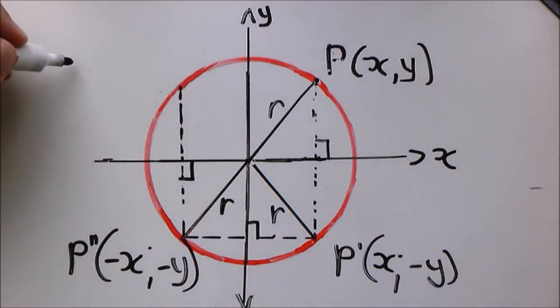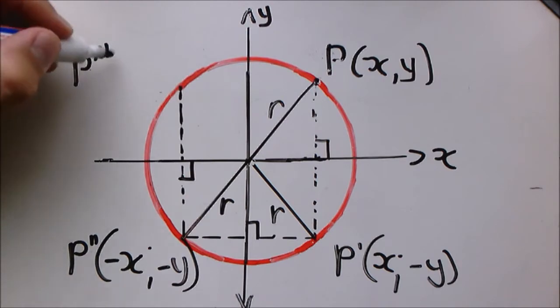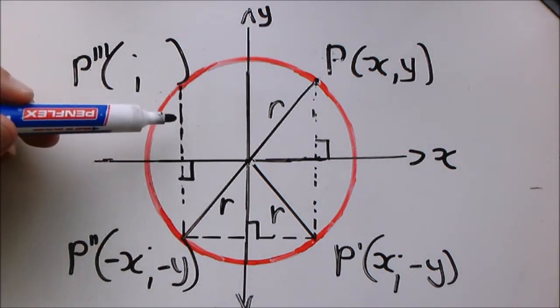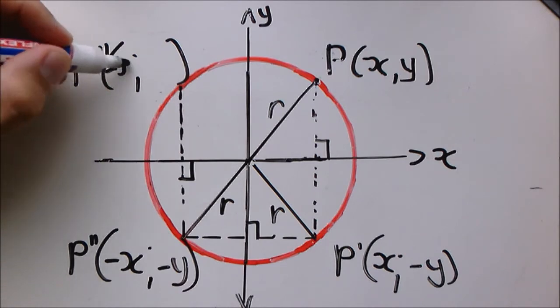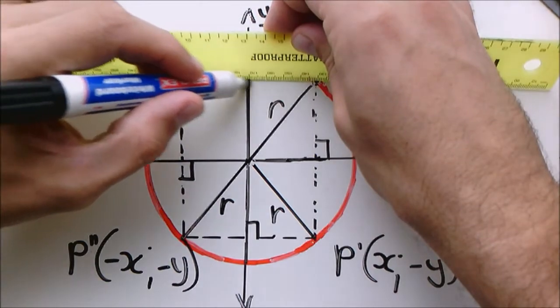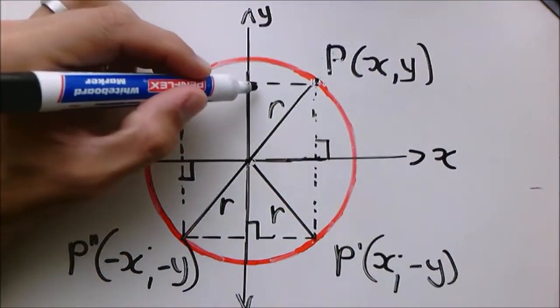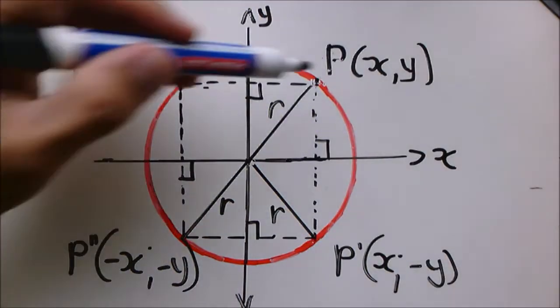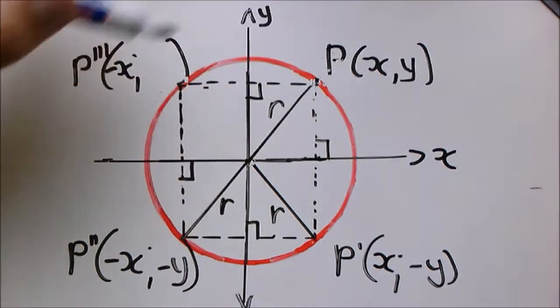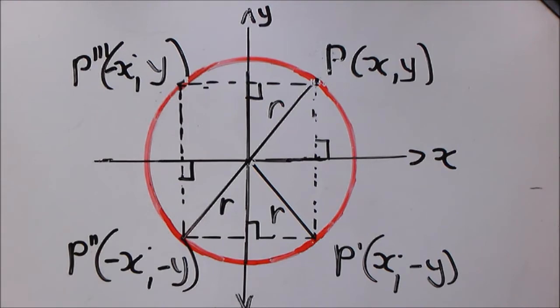Just to complete the picture, if this is a vertical line and this is negative x, that will be negative x. And if I now draw a horizontal line from point P to this one, the y coordinate will be the same.